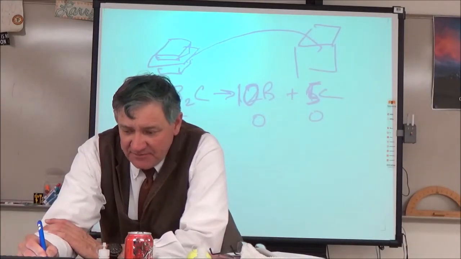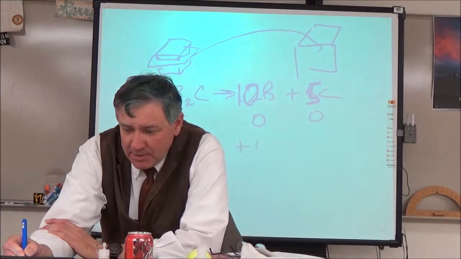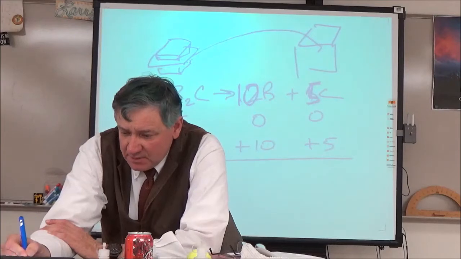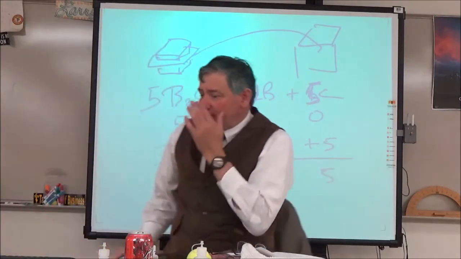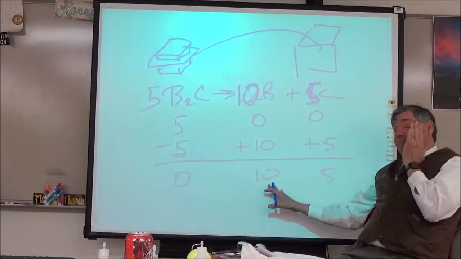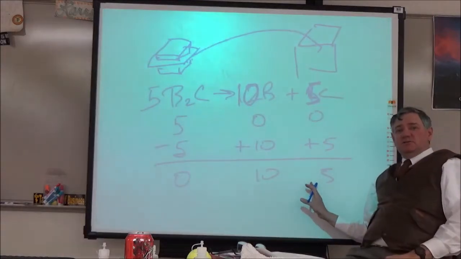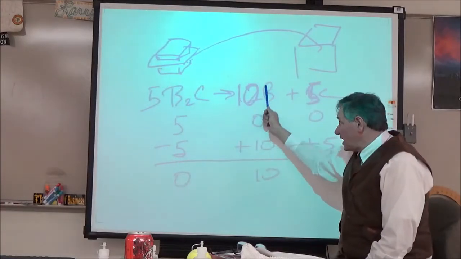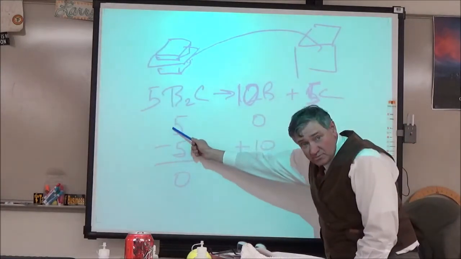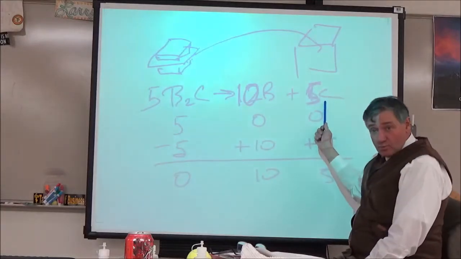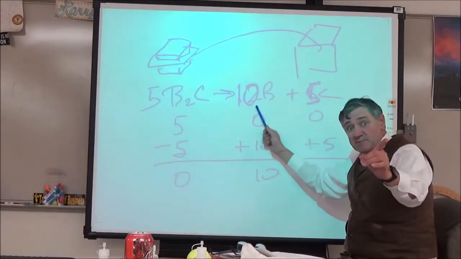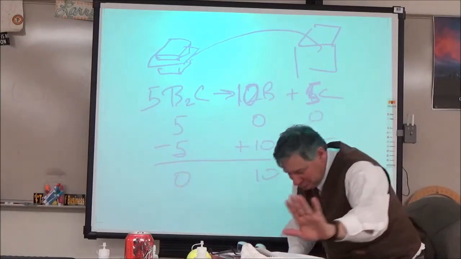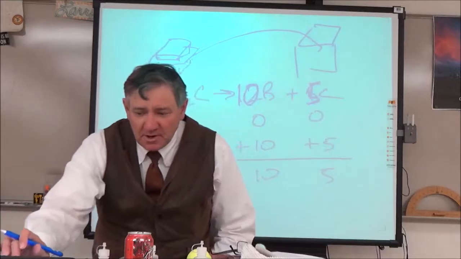I'm going to go minus 5, but then over here I'm going to put plus 10, plus 5. So once I reach equilibrium, I'm going to have 10 slices of bread, 5 slices of cheese. Because there's a 2 here, the concentration of my bread is twice what I start with. There's a 1 in front of the cheese, so that just means that's the same. Okay? So you got my cheese analogy. Okay. Now, we're going to go back up here.